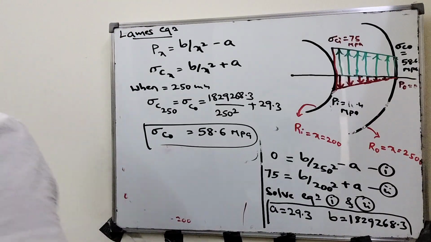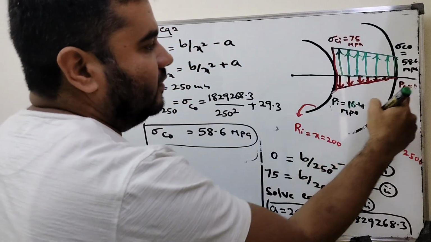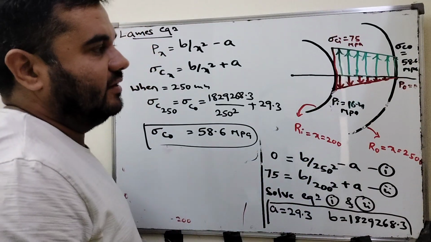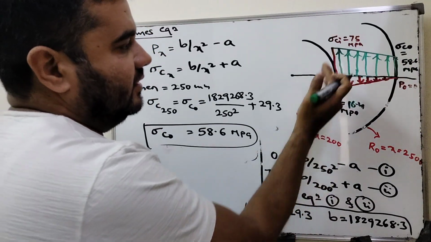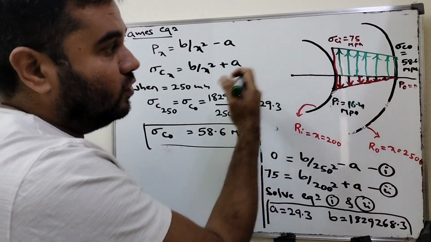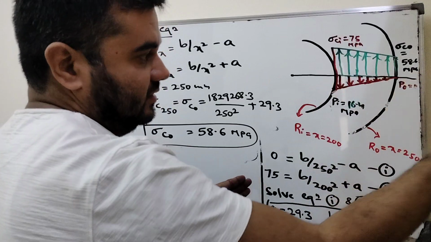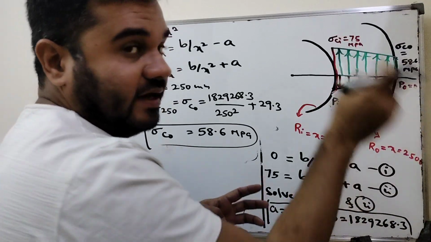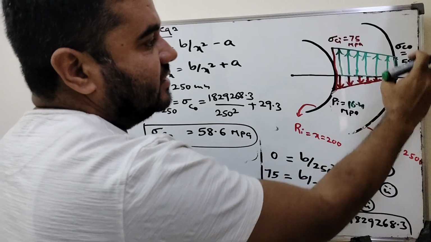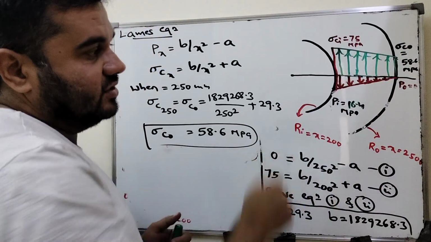Pi is 16.4, then 75 MPa and 58.6 MPa. If you see the picture, the inner side pressure as well as the circumferential stress is more. As the thickness increases, finally at the outer wall the pressure is 0 and the circumferential stress will also be lesser than the inside wall. This is how you have to draw the sketch.